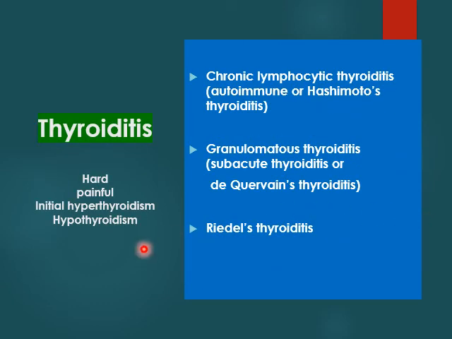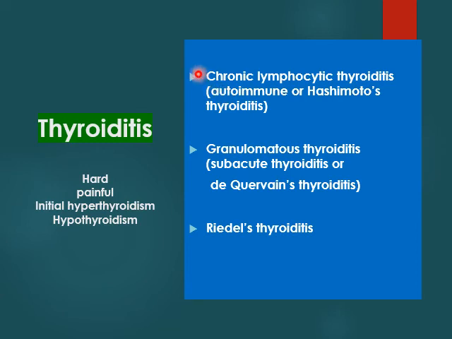Okay, the next group of diseases we'll discuss is thyroiditis, which is inflammation of the thyroid gland. Generally, in these conditions, the thyroid feels hard and painful. Painful is a feature of inflammation. There may be initial hyperthyroidism due to stimulation by TSH, but later, classically, the patients present with hypothyroidism eventually.